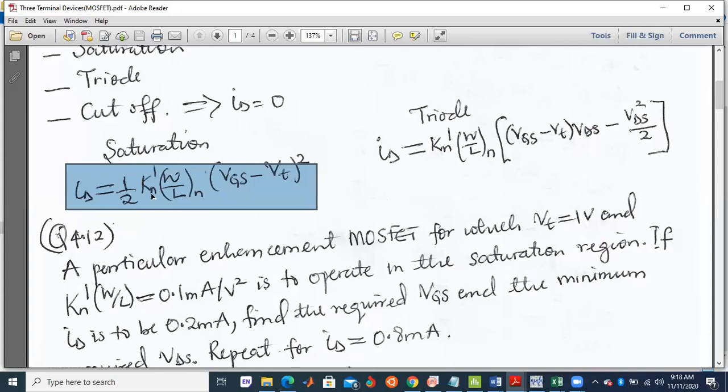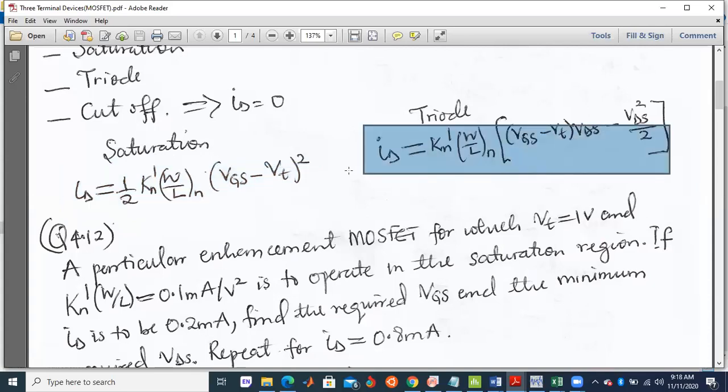I use subscript N because I assume that my MOSFET is an NMOS. If it is a PMOS, you have to use Kp, you have to put P here. You understand now? For the triode region, this is the formula for finding the drain current flowing through the device when it is in the triode region.